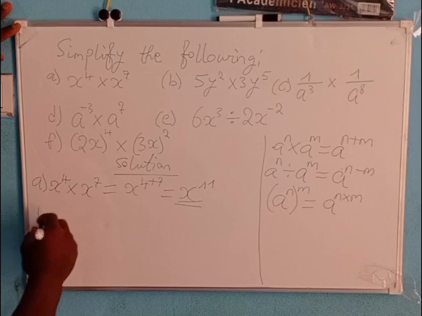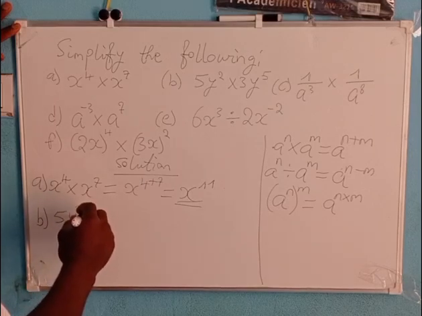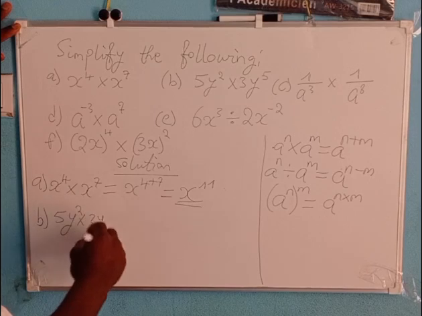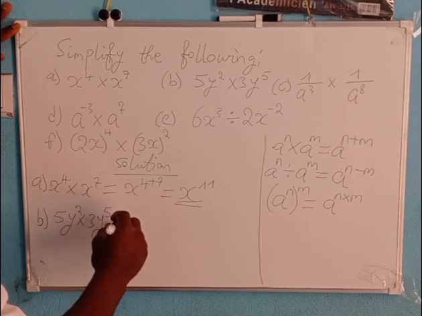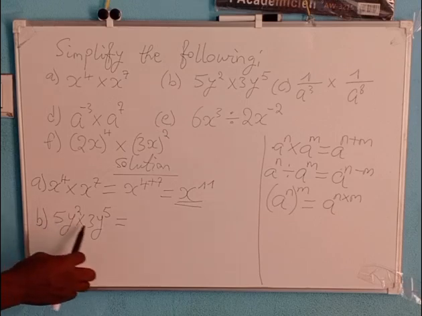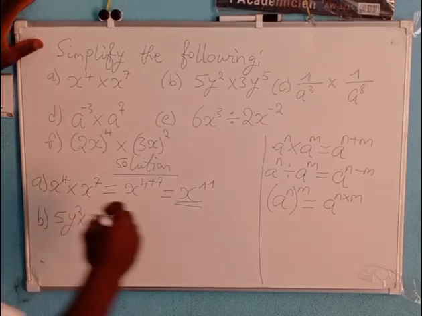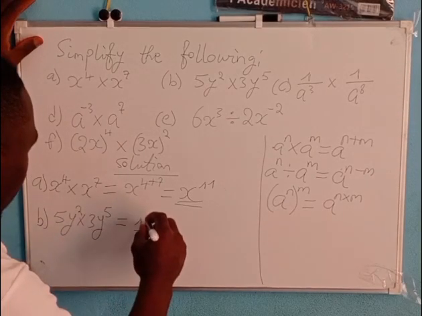We go to B. For B, we have 5y squared times 3y raised to the power 5. This will simply be equal to, first we are going to multiply 5 by 3, multiply the coefficients. 5 times 3 gives us 15, we write down 15.